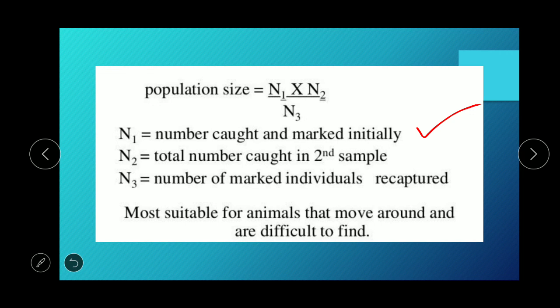That is the first sample that you have caught and marked with a tag or rubber band. Then n2 is the number of individuals caught in the second sample. And n3 is the number of marked individuals recaptured in the second sample. So the formula becomes n1 into n2 by n3.